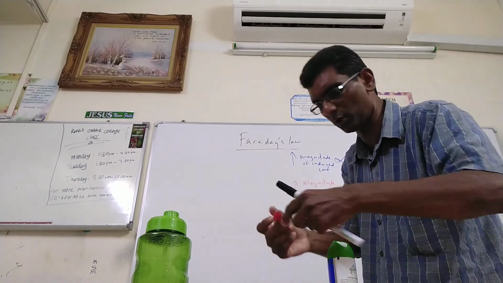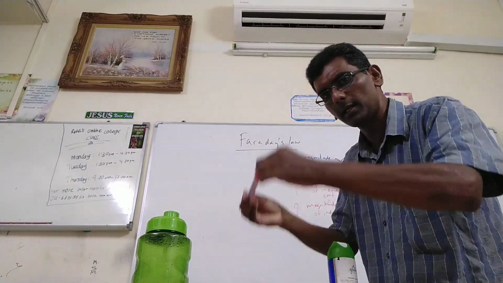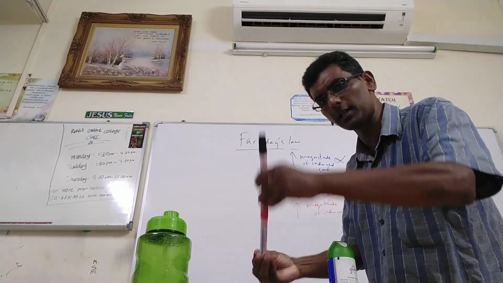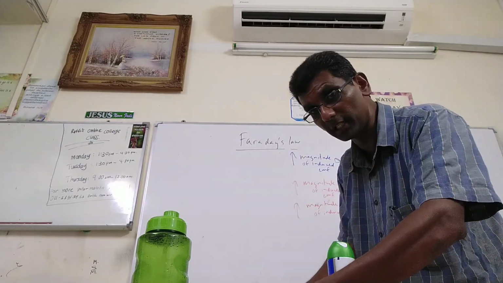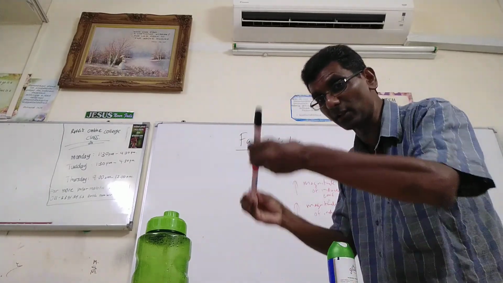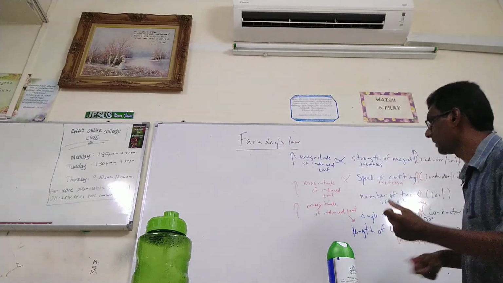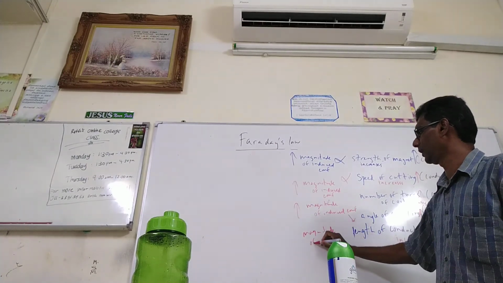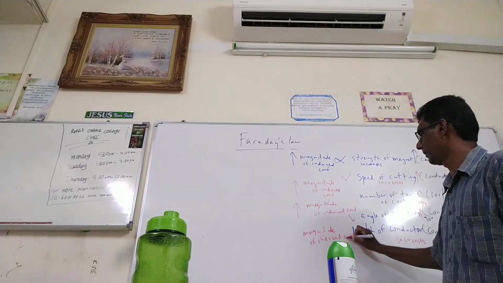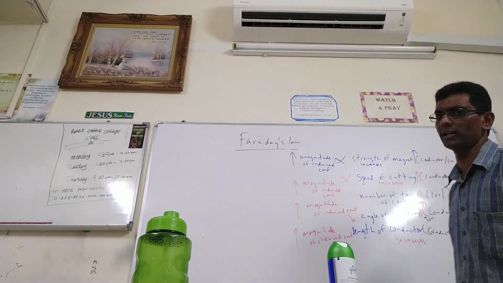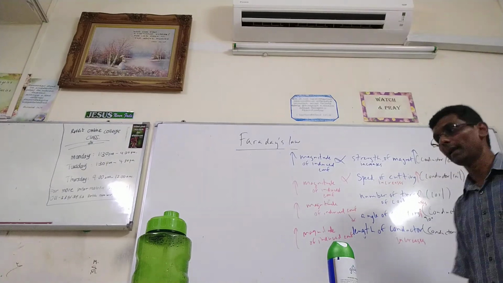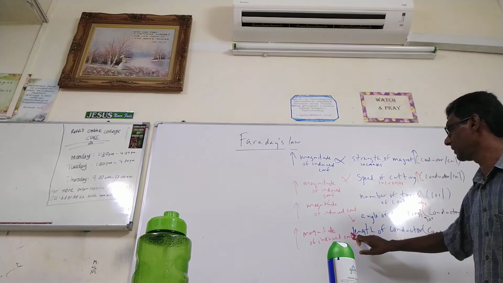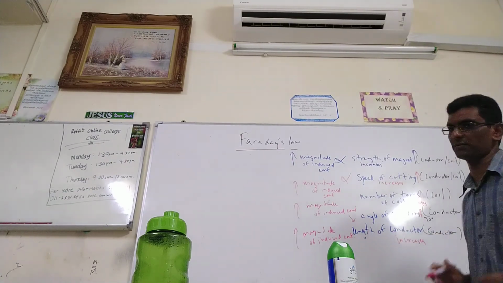A short conductor is also cutting the flux, but a longer conductor will increase the magnitude of induced EMF. When the length of conductor increases, the magnitude of induced EMF increases.